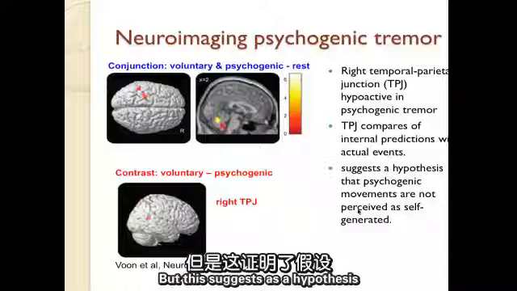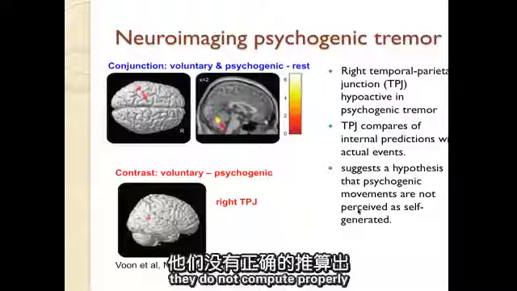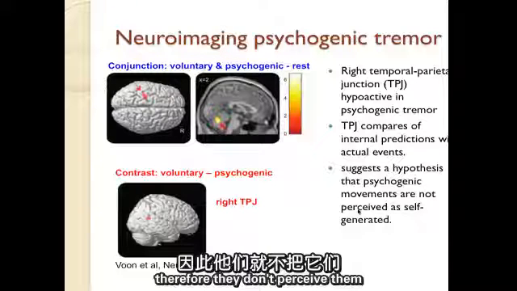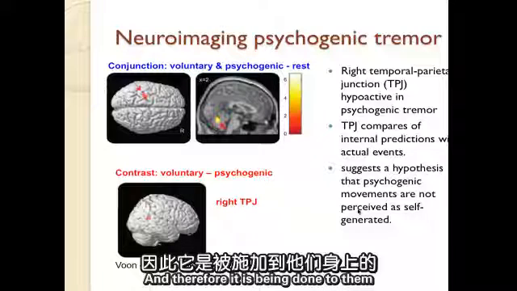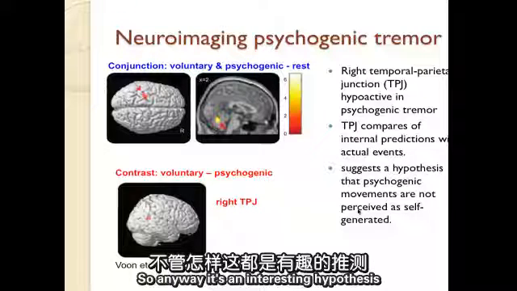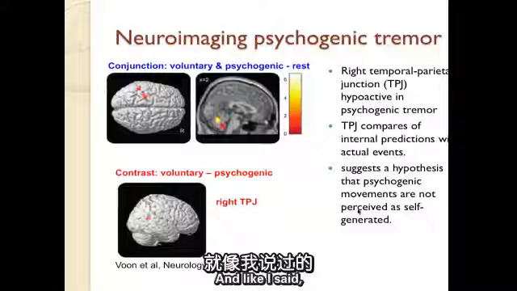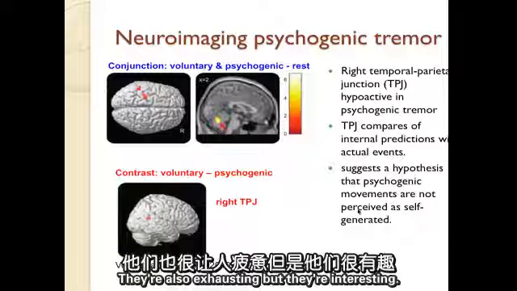What this suggests as a hypothesis is that perhaps what's happening in psychogenic tremor is they do not compute properly the consequences of their action. Therefore, they don't perceive them as being self-generated, and therefore it is being done to them. So anyway, it's an interesting hypothesis, but I think this kind of work is really interesting. And like I said, we see more than a few of these, and they're interesting. They're also exhausting, but they're interesting.